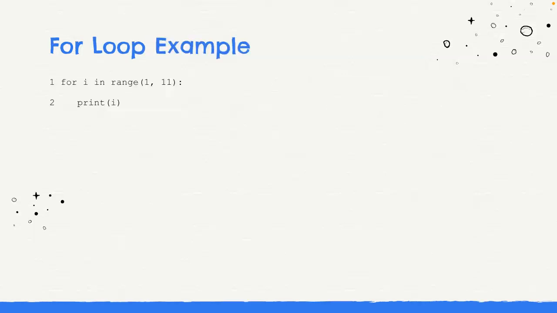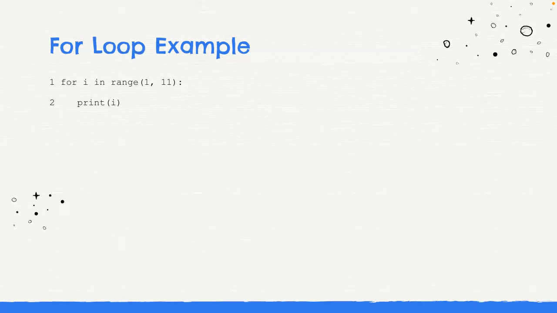So here's an example. This is the same thing that we did for the while loop, but in a for loop. So I said for i in range 1 to 11, I'm going to print i. Range is a very useful function in Python. It generates a list of numbers starting from the first parameter, which is your starting point, to the last parameter, which is your endpoint, but you're not including it.